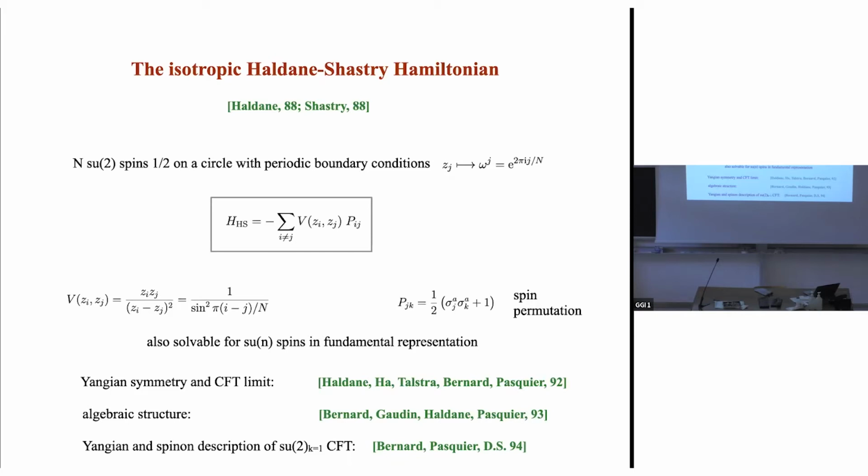So the algebraic structure of this model was sorted out by Haldane together with Bernard, Gaudin and Pasquier. And the way the structure carries over in the CFT limit, in the CFT with SU(2) symmetry, was clarified by us.